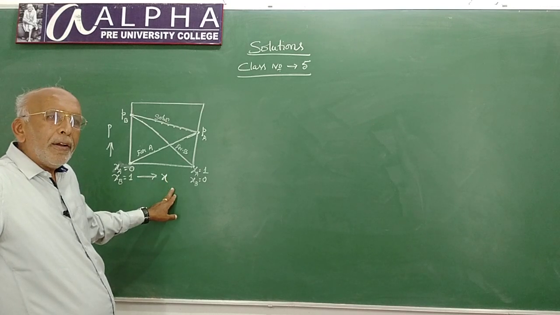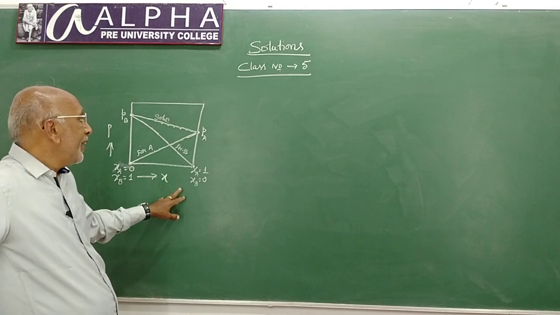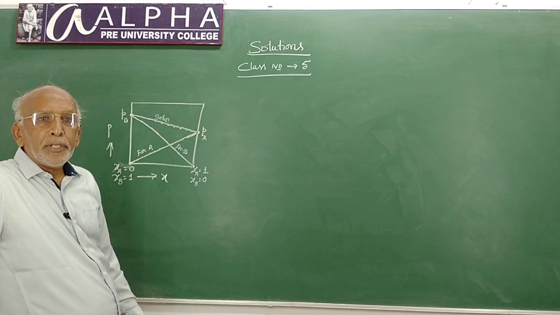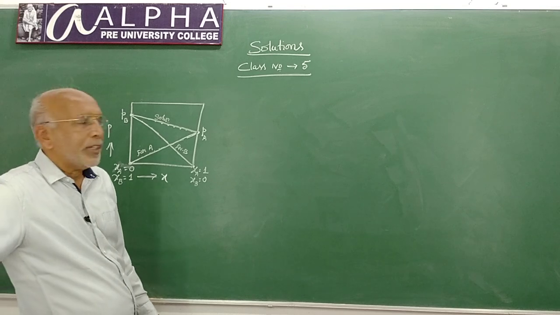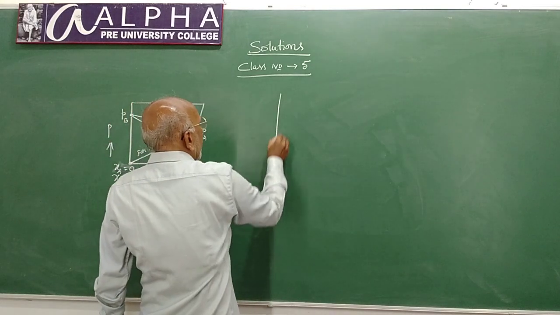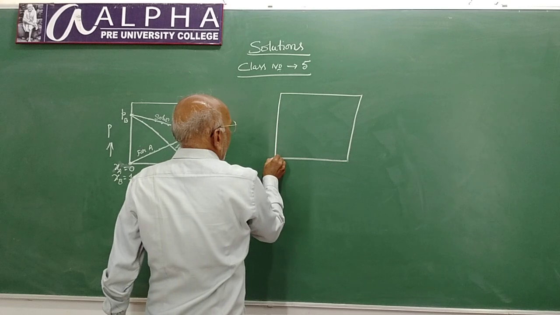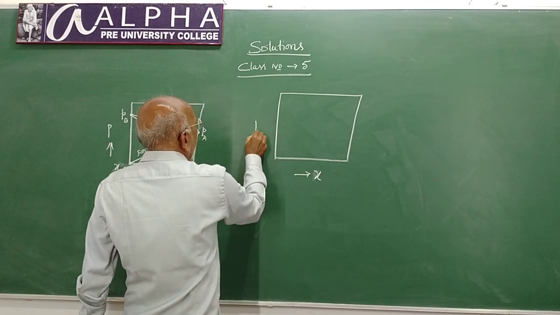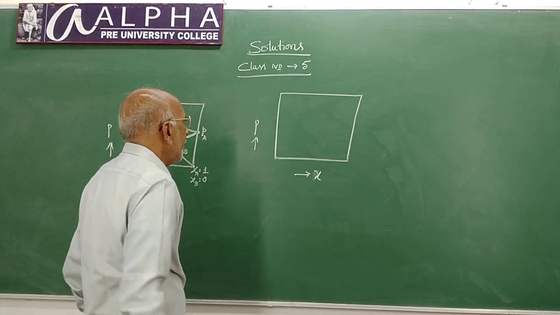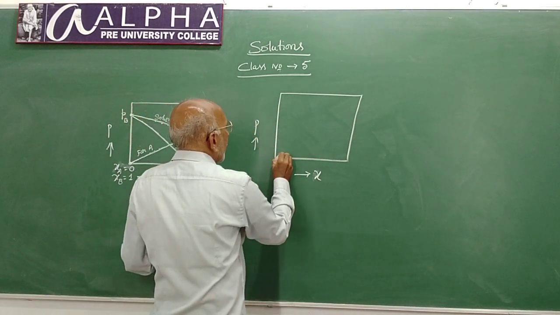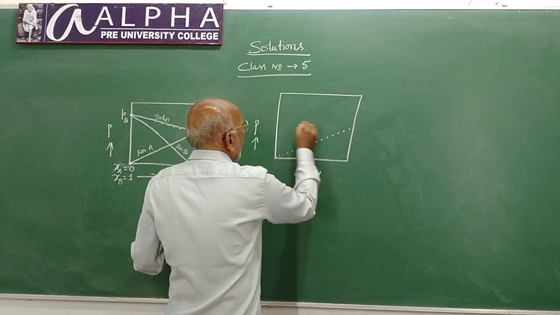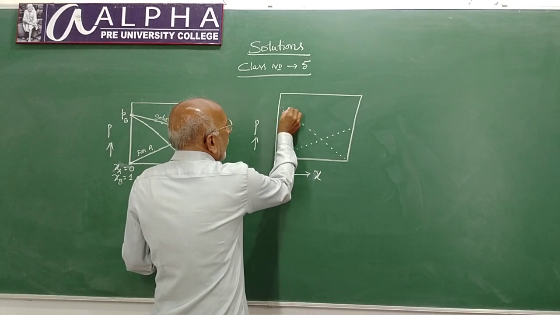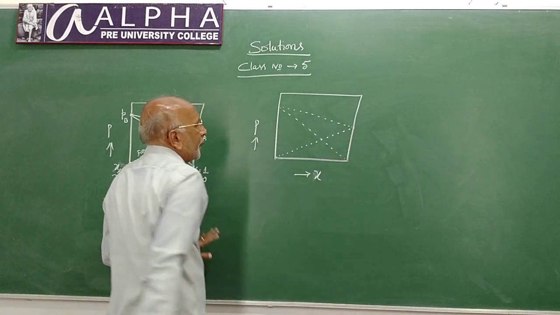For non-ideal solutions, let us see the plots for those showing positive deviation and negative deviation. Mole fraction against total pressure. The dotted line plots are the plots for the ideal solution.